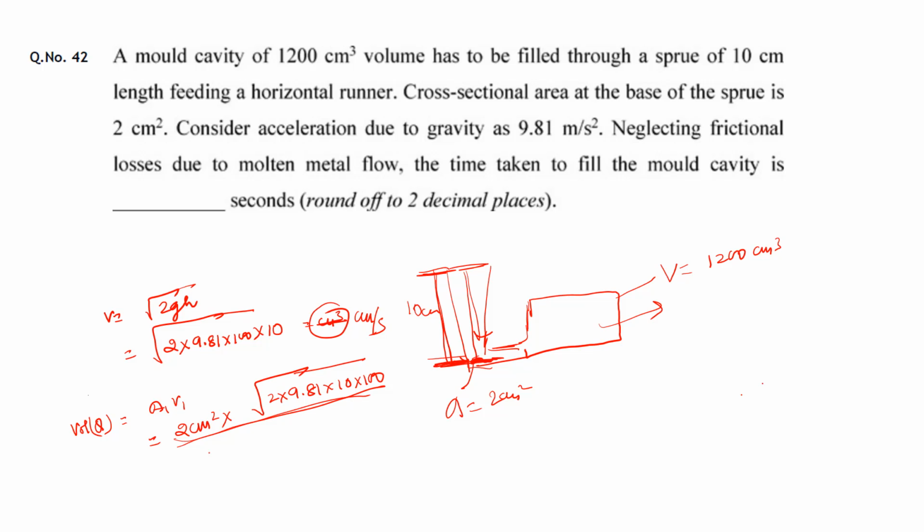So what is the time? It will be the total volume divided by the volume flow rate. Simple. The total volume we have is 1200, divided by 2 into root under 2 into 9.81 into 1000.